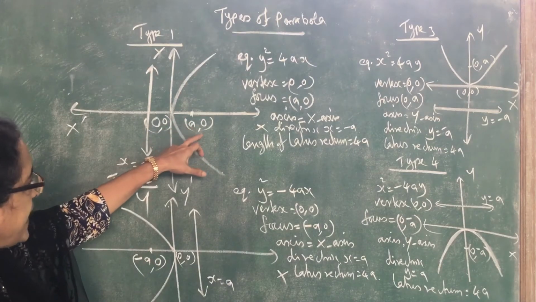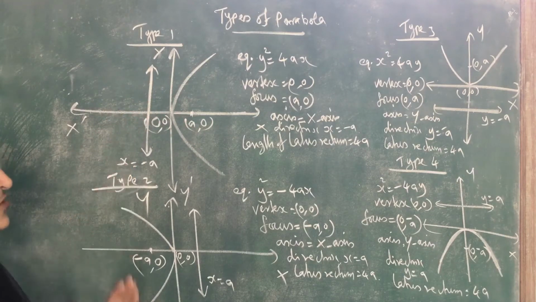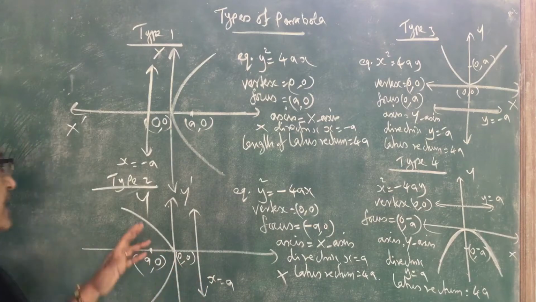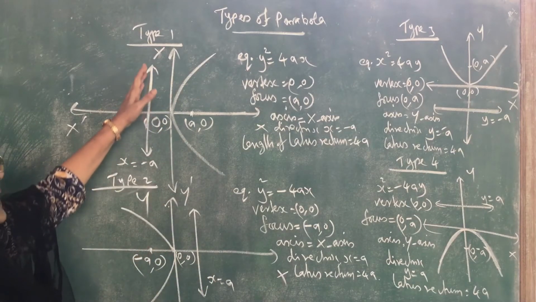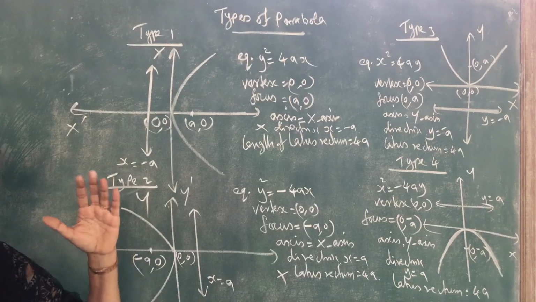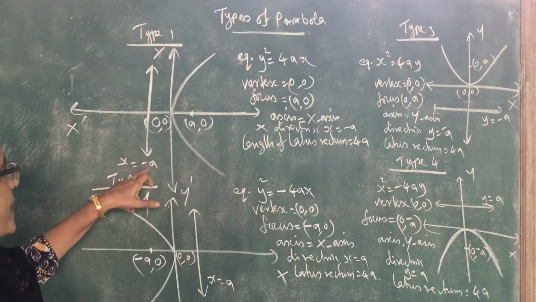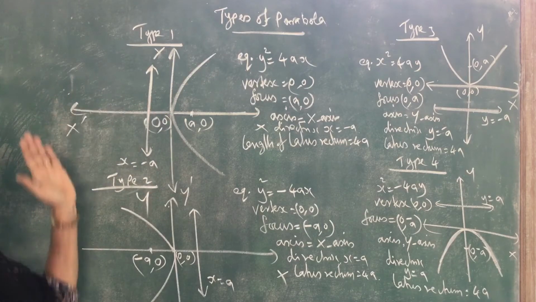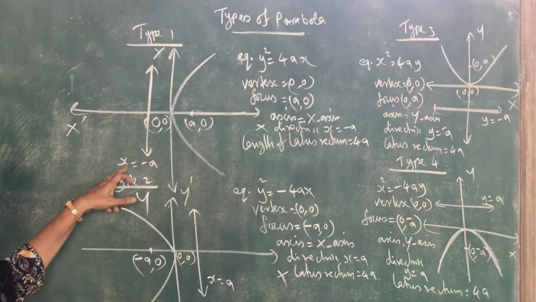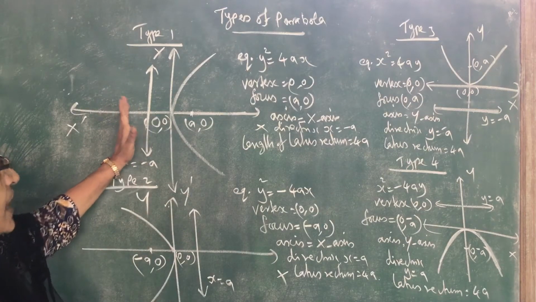The equation of the directrix is a line parallel to the y-axis, so x equal to a constant, and that constant is minus a, because this is the negative side of the x-axis. So x equal to negative a is the equation of the directrix for this first type of parabola.